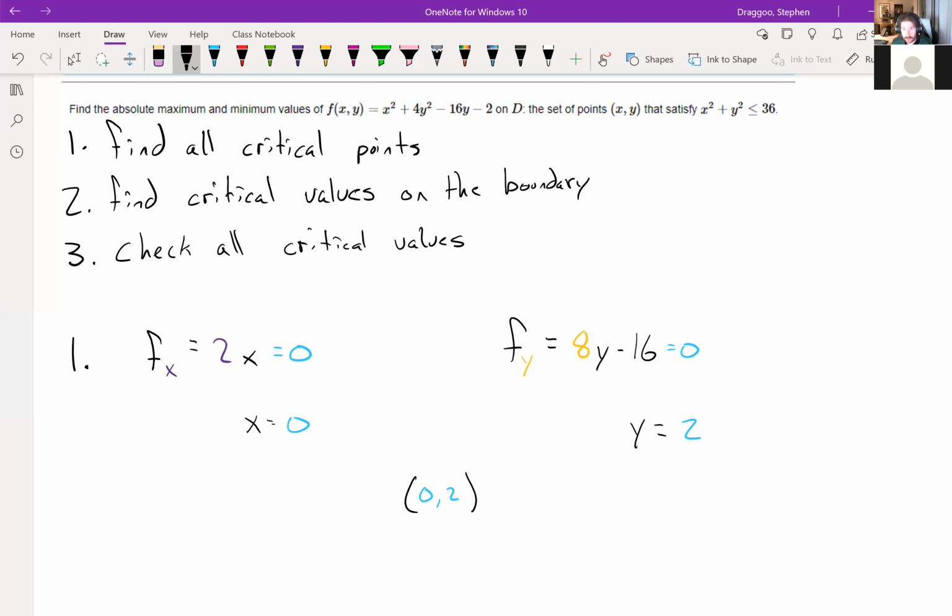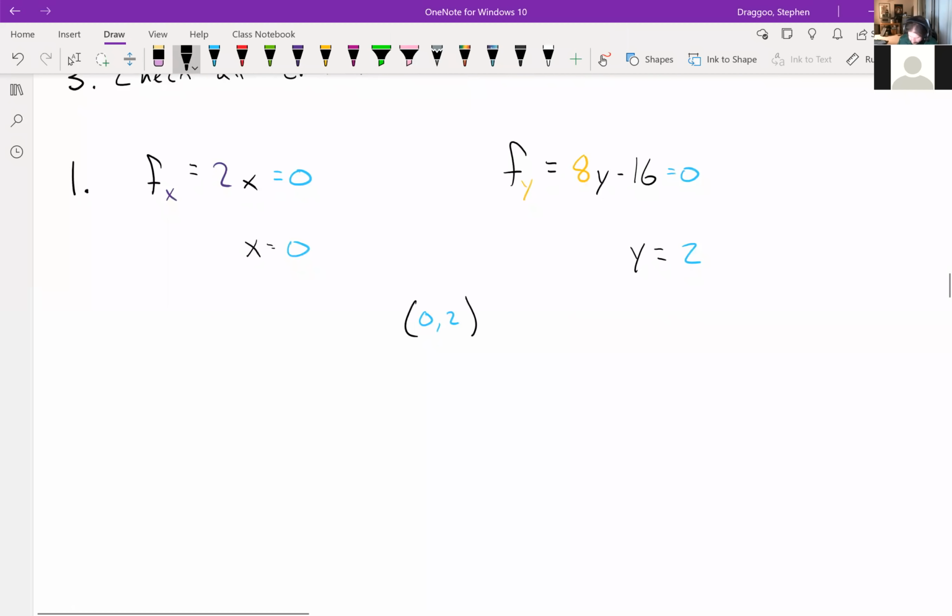All right, on to part 2. We want to check our critical values on the boundary. And our boundary is the circle x squared plus y squared equals 36. The whole domain is less than or equal to 36, but the boundary of our domain is just x squared plus y squared equals 36. I am just going to use a quick replacement trick here.